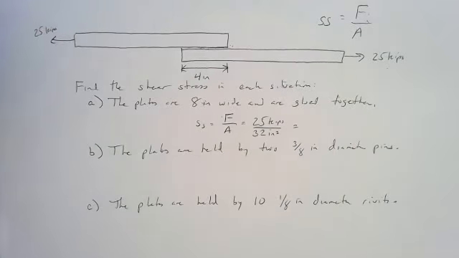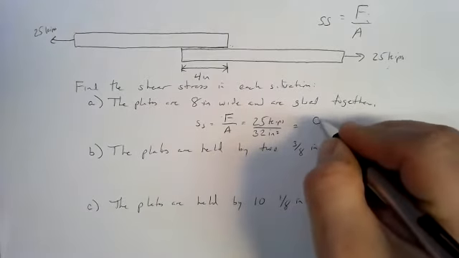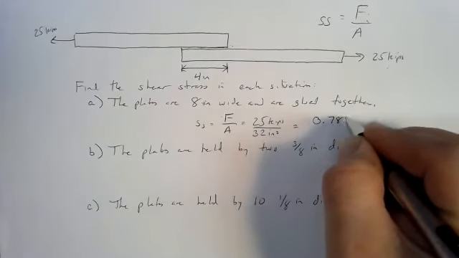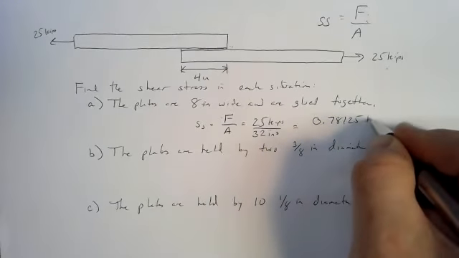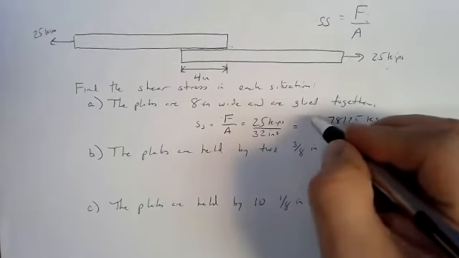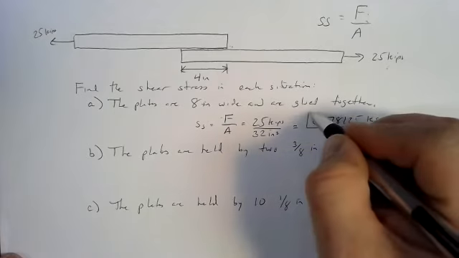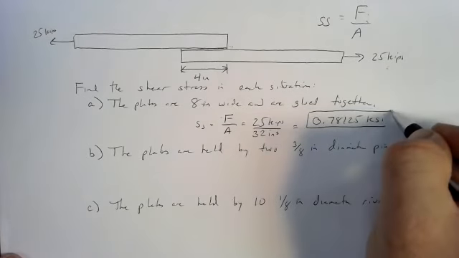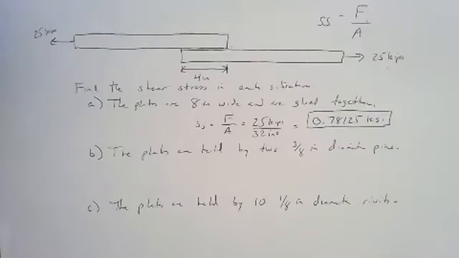So we take that force of 25 kips and we divide it by 32 square inches, and we get 0.78125 kips per square inch, KSI. So a little bit less than one, a little more than 3/4 of a KSI, or about 781 pounds per square inch.